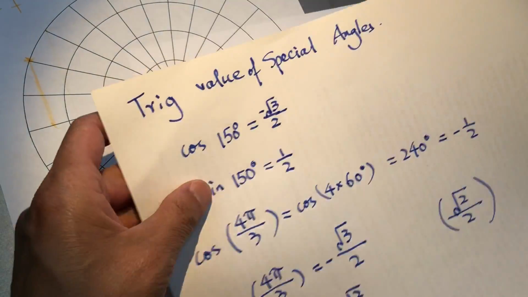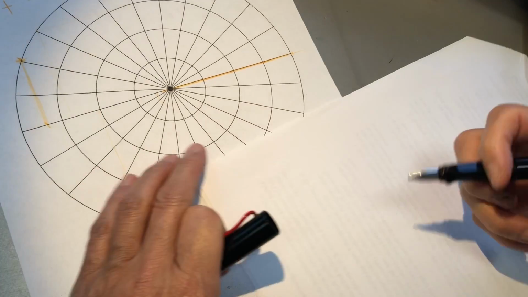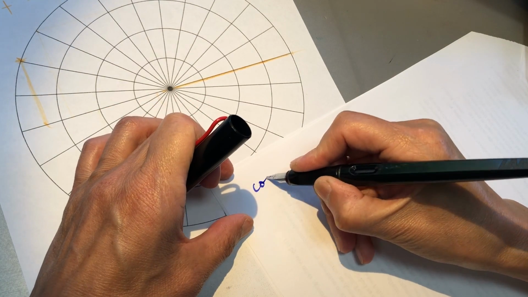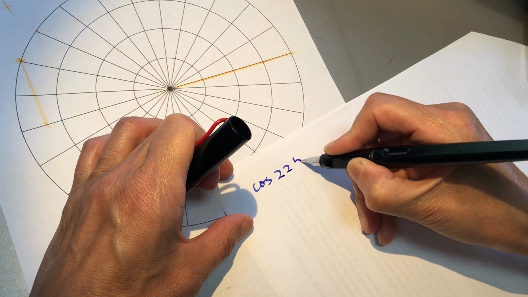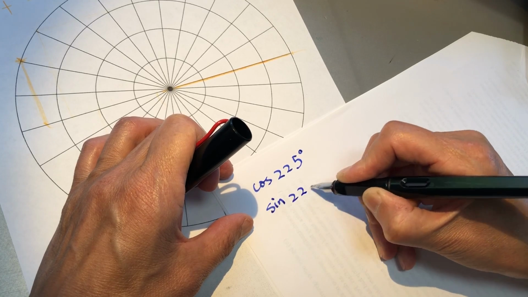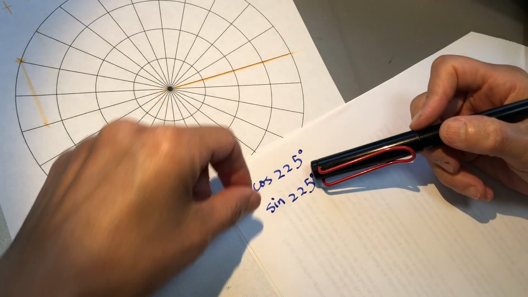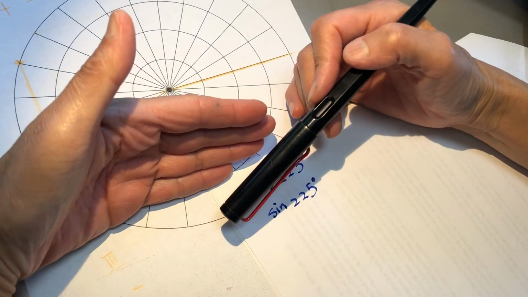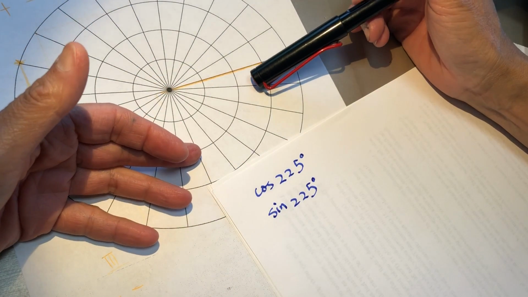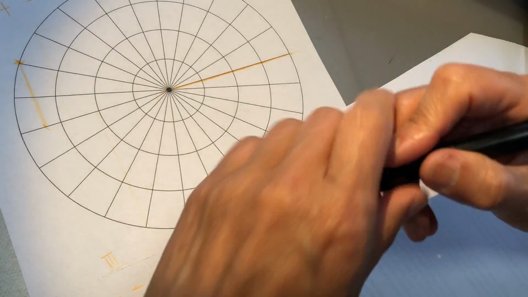Okay, here we have another problem. Cosine 225 and sine 225. So it is bigger than 180, so it's on the bottom, and smaller than 270, so it's in the third quadrant, and both negative.